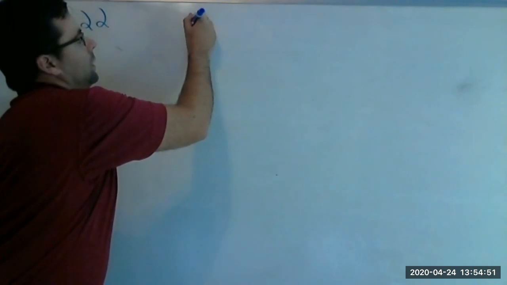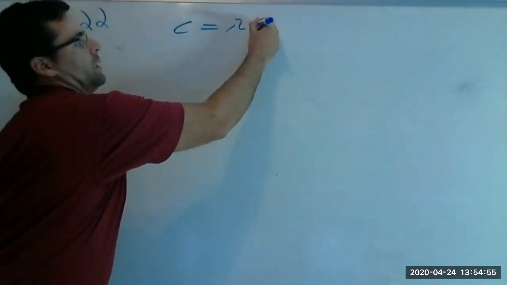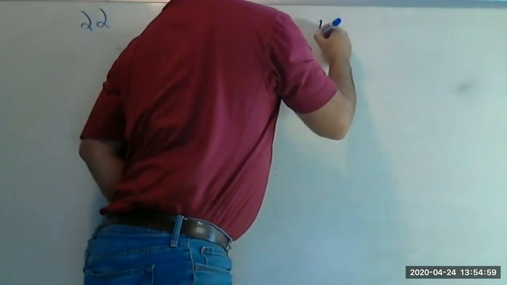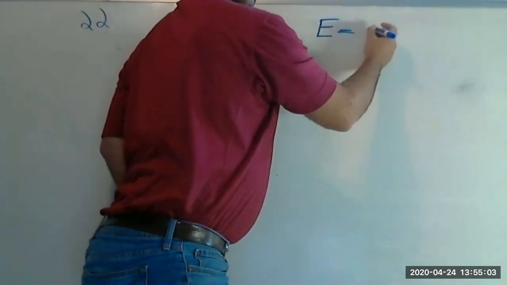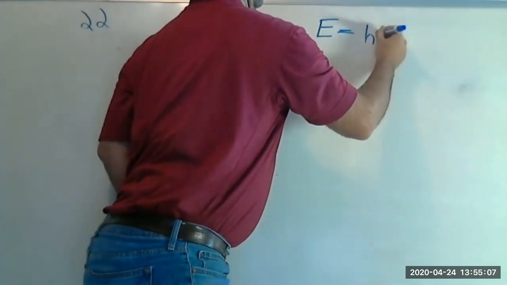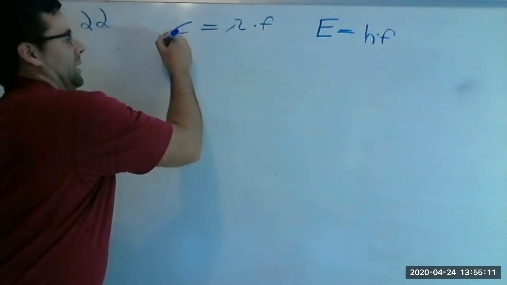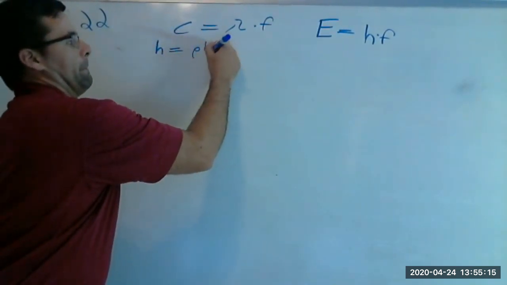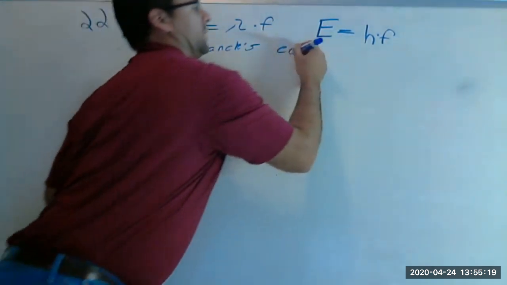So we had c equals lambda f. The energy equals h times f, where h is Planck's constant.